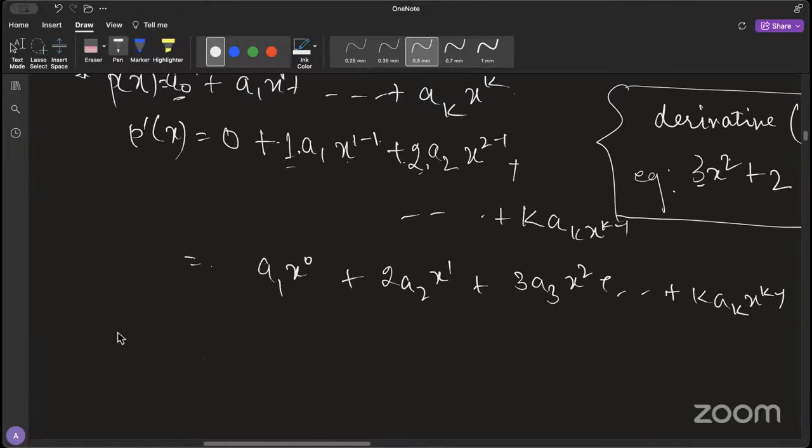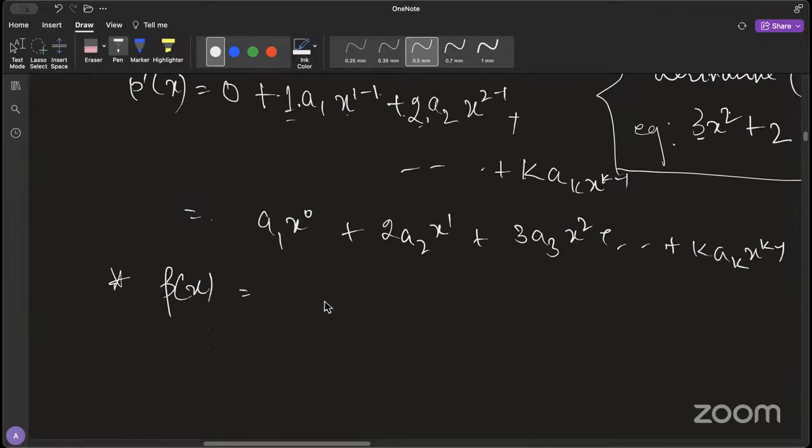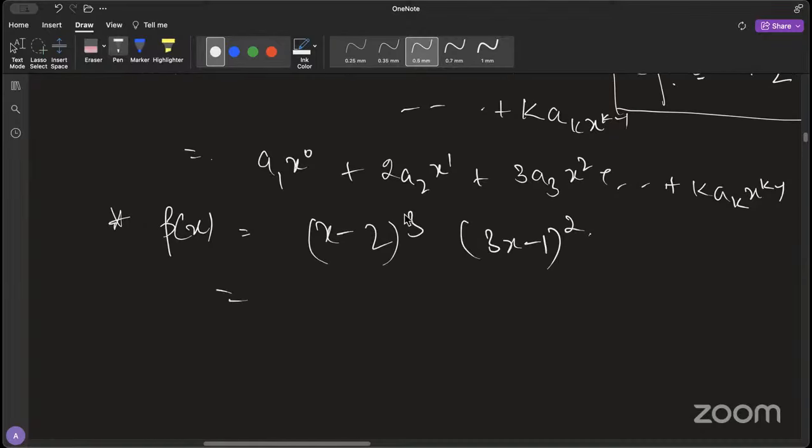If you're given the polynomial in this manner, let's say you have been given p of x equals x minus 2 to the power 3, 3x minus 1 to the power 2, then the derivative is, there's a product rule, because these two factors are in product.